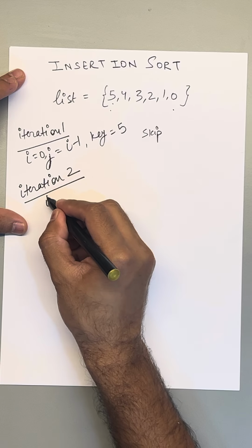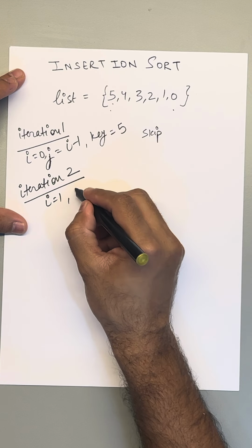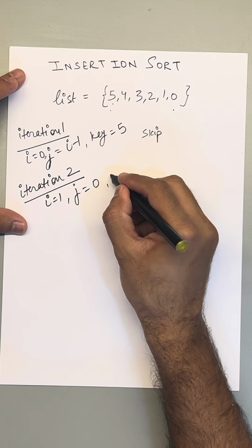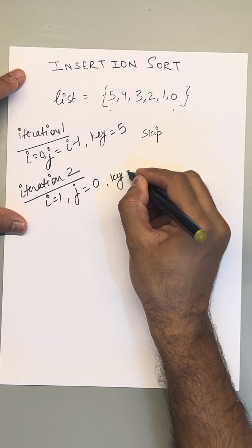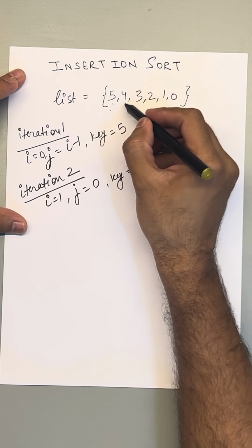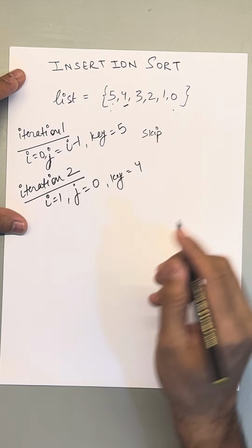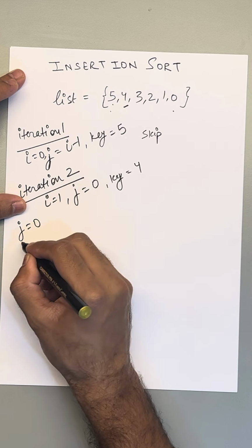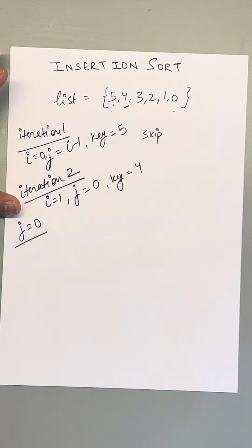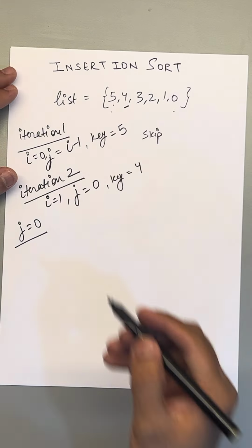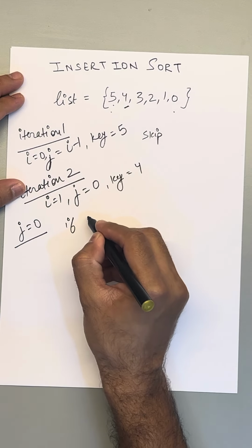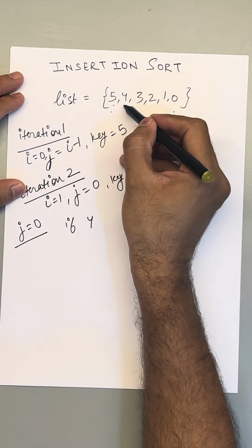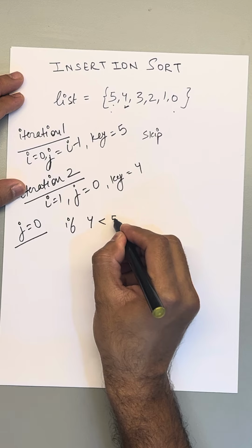Let's go to iteration 2. Here i equals 1, j equals 1 minus 1, which will be 0. Here the key, the first index, should be 4. For j equals 0, we are going to check if 4, which is the first index, is lesser than 5.